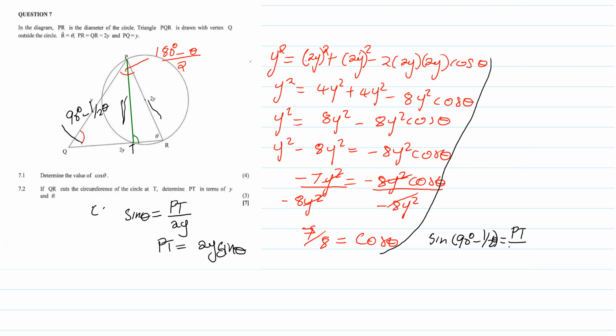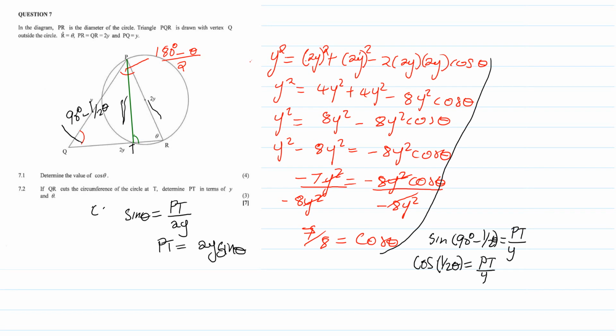Then according to a reduction formula, sine of 90 degrees minus an angle gives us cos of that angle. In our case, it's cos of half theta equal to PT divided by y.